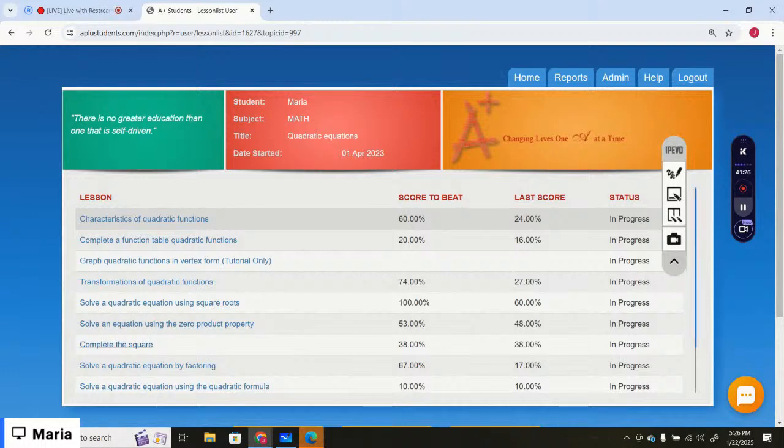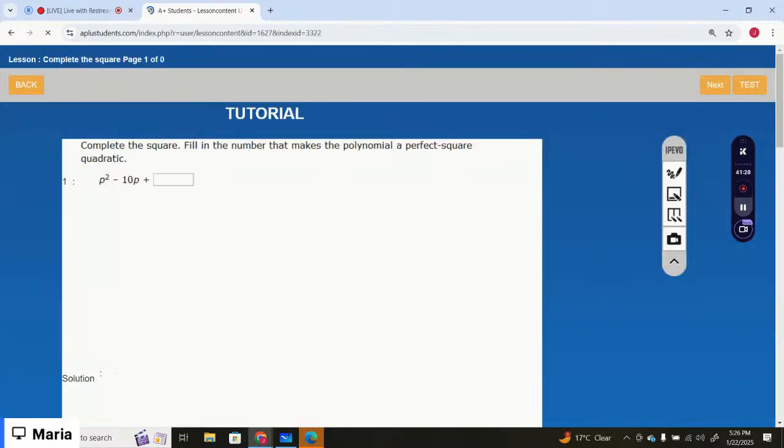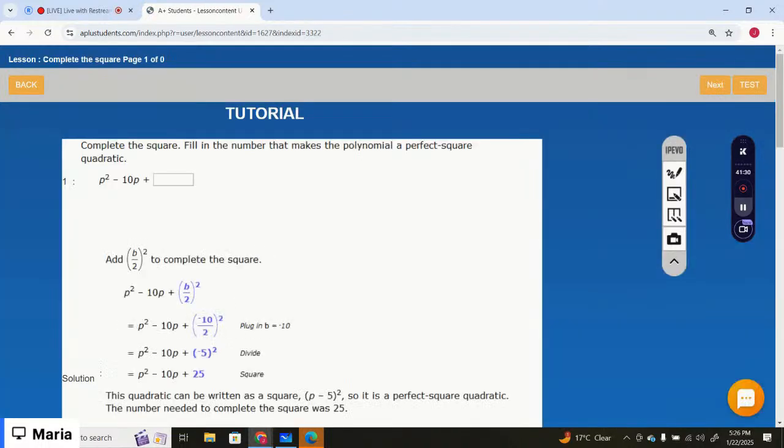The next lesson is complete the square. Complete the square.